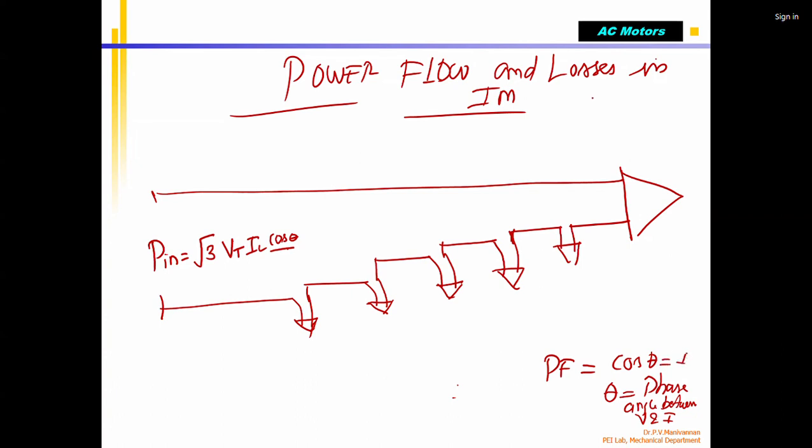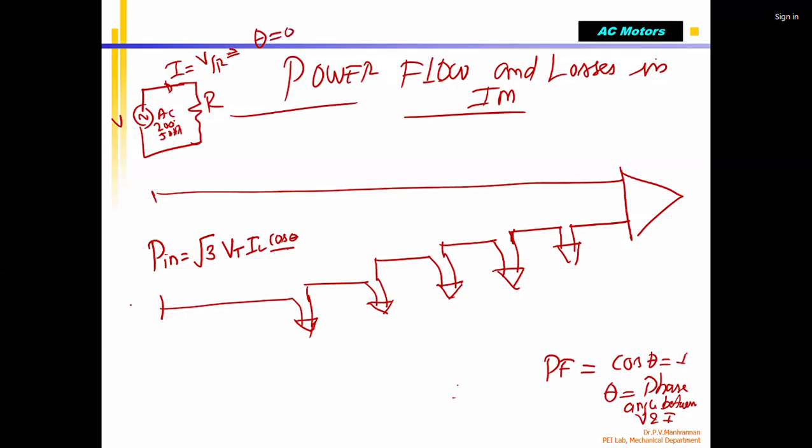If I have a AC voltage, please note this down. If I have an AC voltage, say 200 volts, 50 hertz AC voltage connected to a resistive load or pure resistance, then I have a current. This I call V, this I call I equal to V by R, correct? In this case, the theta, which is called as phase angle, will be 0.